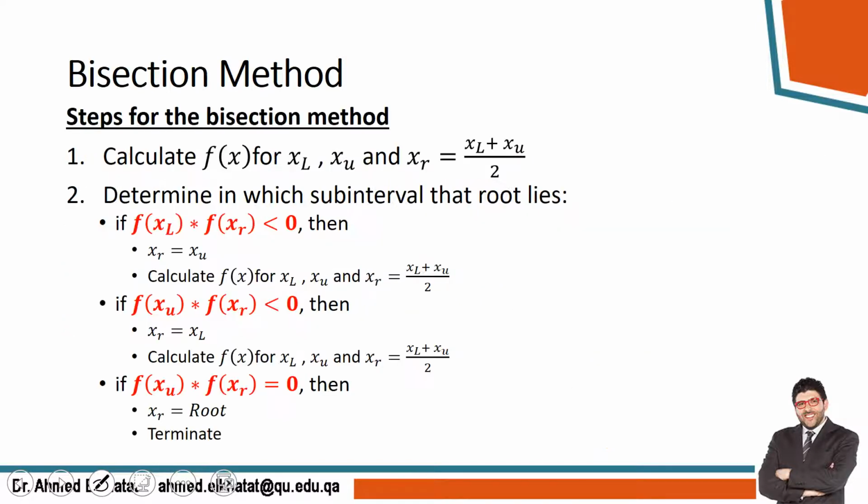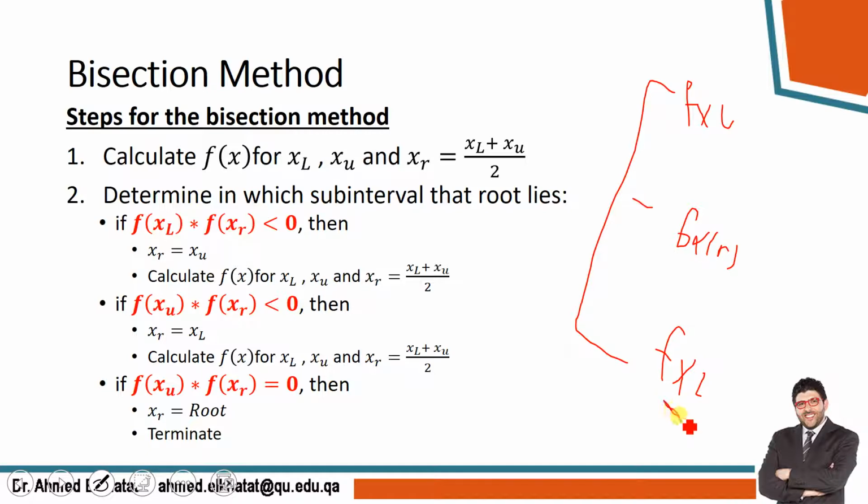If I have f of x upper, f of x lower, and f of xr calculated exactly in between, then if f of x lower times f of xr is less than 0, we consider xr as the upper, keep xl as the lower, and assign a new xr.